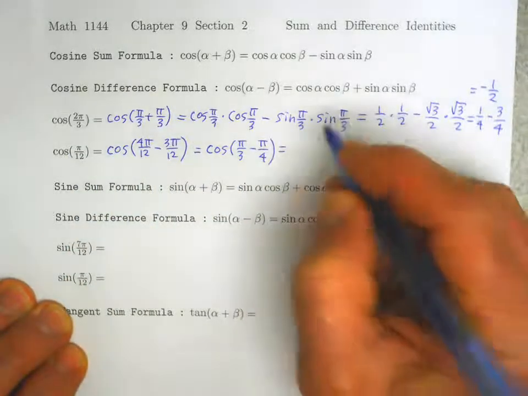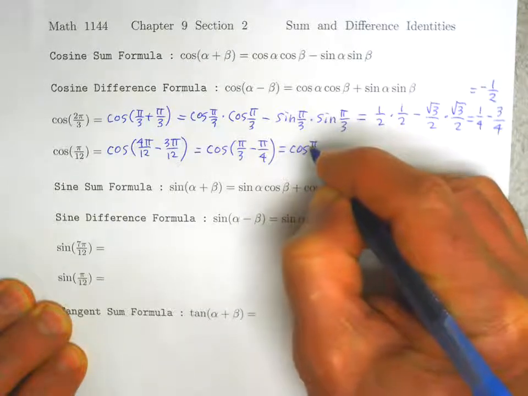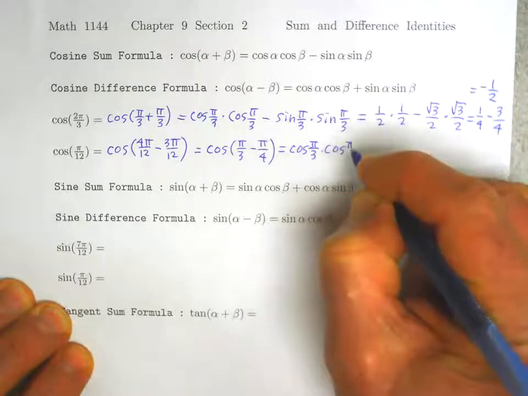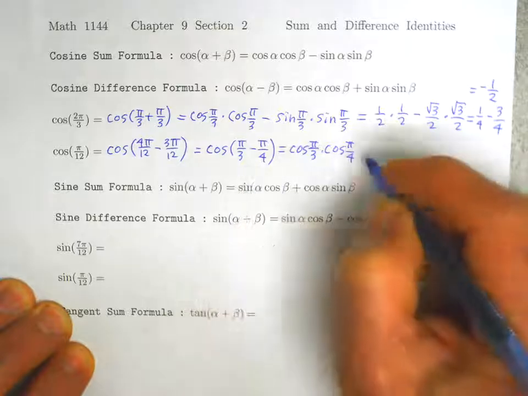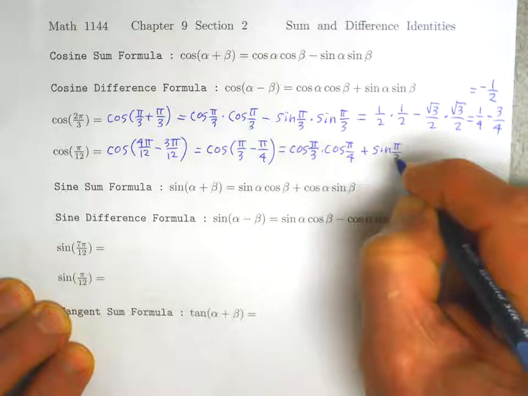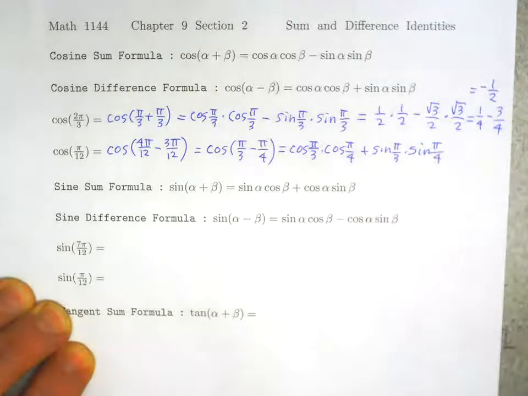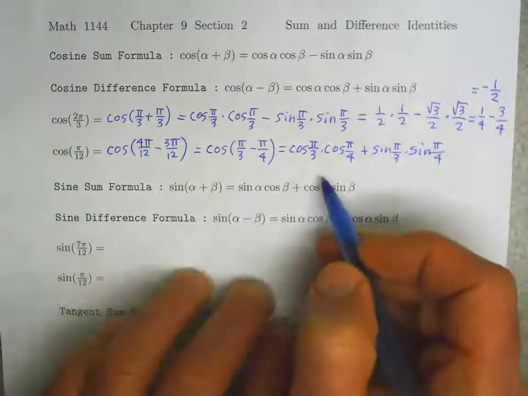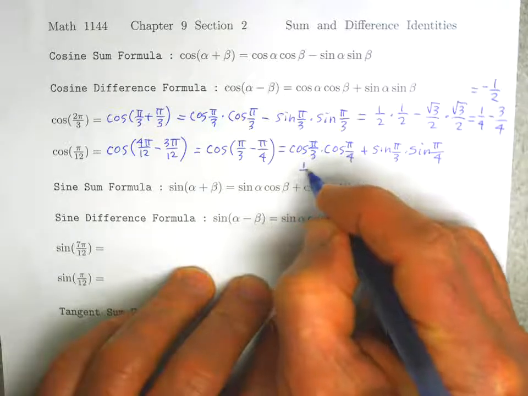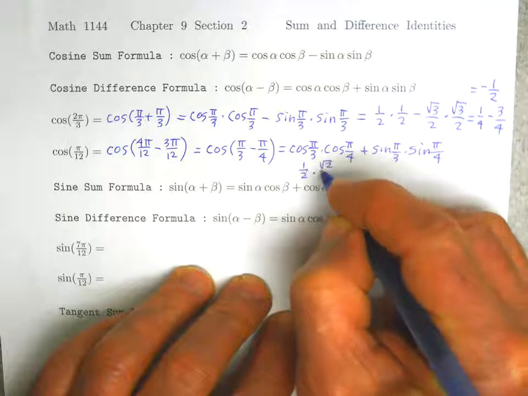So this will be cosine of pi over 3 times cosine of pi over 4. And then we're going to add the sine of pi over 3 times the sine of pi over 4. And we know the values of all of those. Cosine of pi over 3 is 1/2. Cosine of pi over 4 is the square root of 2 over 2.